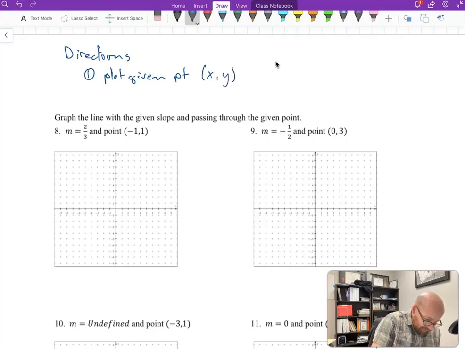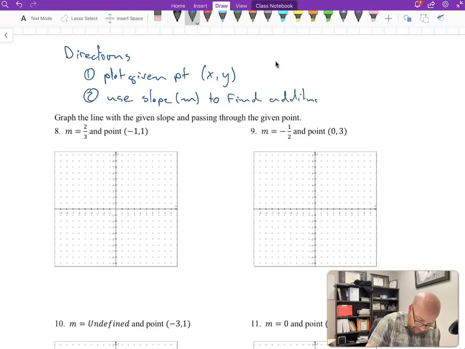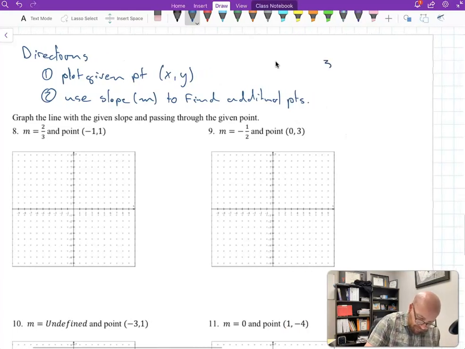Step 2 is we are going to use slope m to find additional points. And then step 3 we will draw a line through our points.